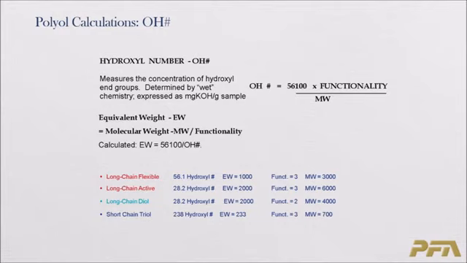You can also have a 28.2 hydroxyl, but if the functionality is 2, it's the same equivalent weight, but the molecular weight is 2/3 of the 6,000. Again, short chains are, so the lower the hydroxyl.